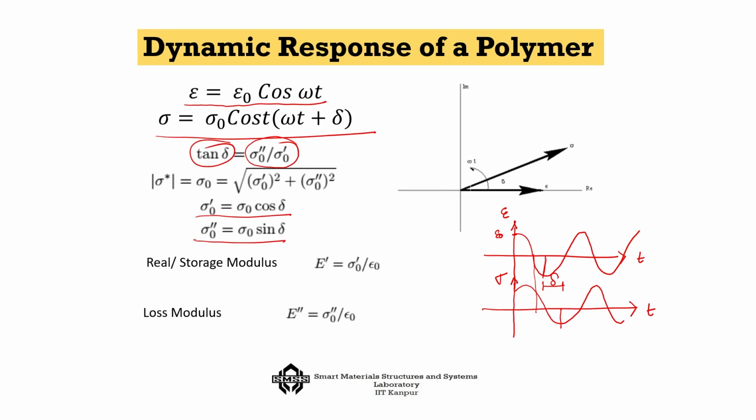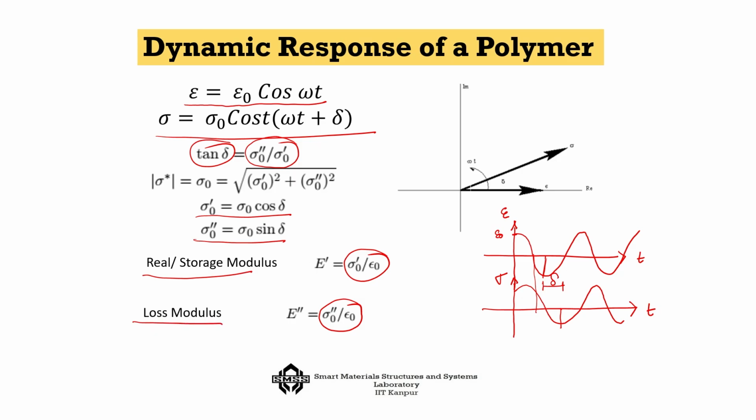Now we see that we are going to have two different types of modulus. One is the real modulus, that is sigma 0 prime over epsilon 0, and another is the loss modulus, that is sigma 0 double prime over epsilon 0. So in comparison to a metal, the polymer has two elastic moduli: one is the real or storage modulus, another is the loss modulus.